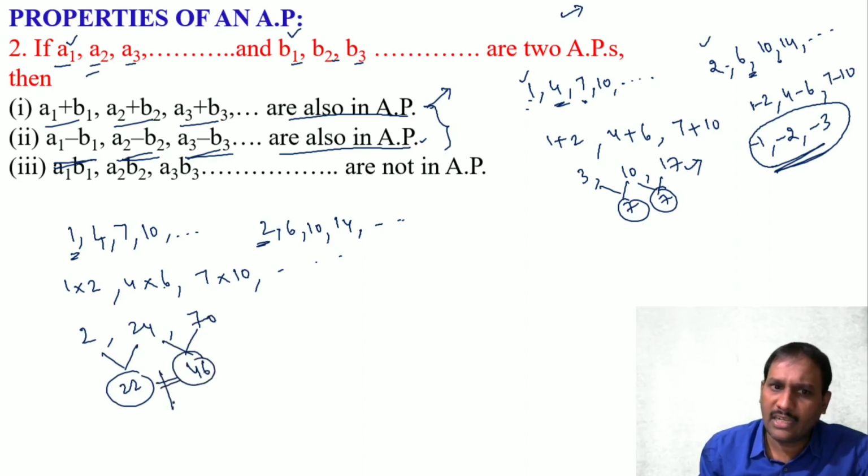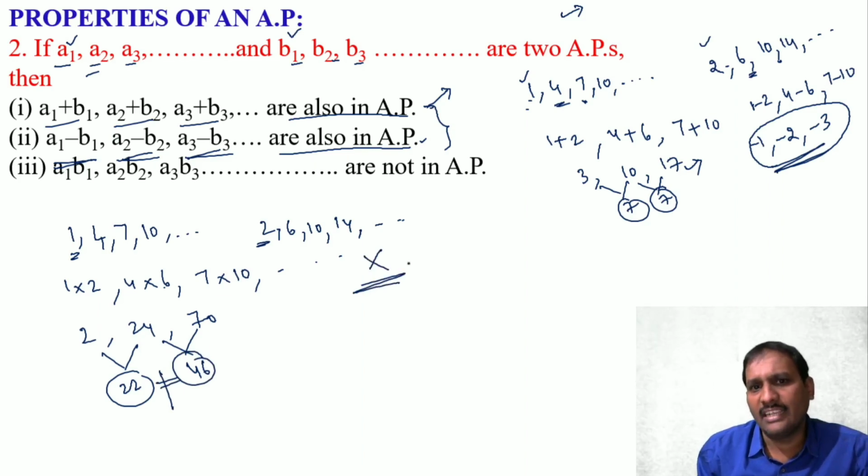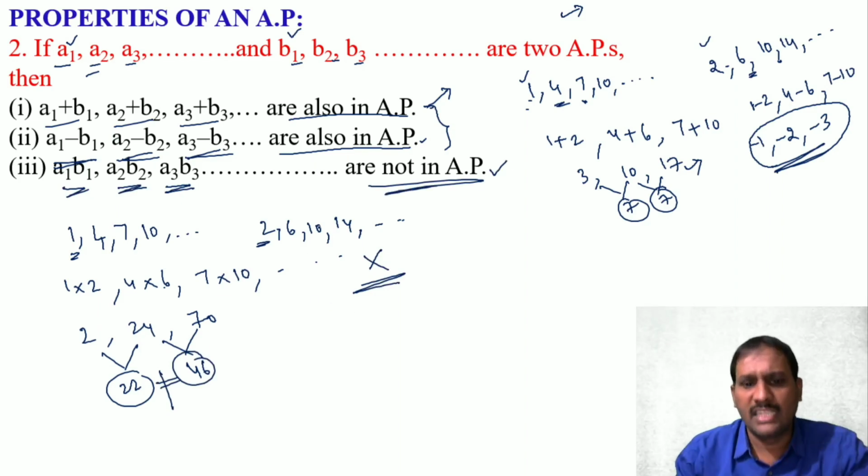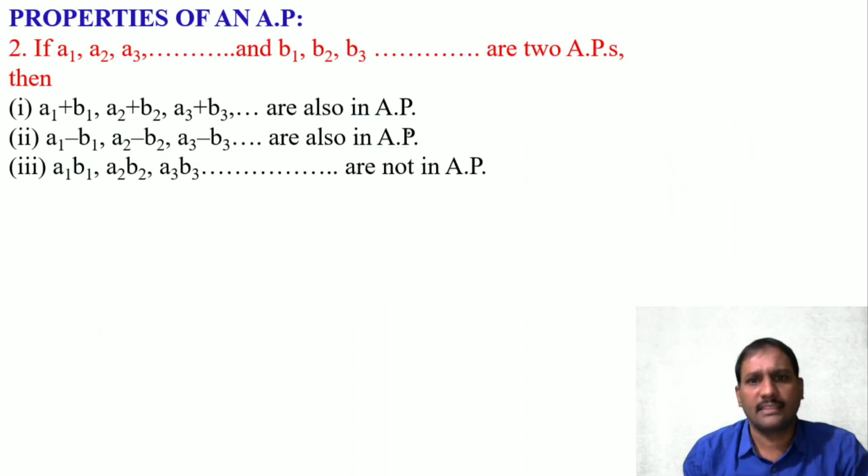They are not equal. Therefore, they are not in AP. So A1 B1, A2 B2, A3 B3 are not in AP. So this is the second property.